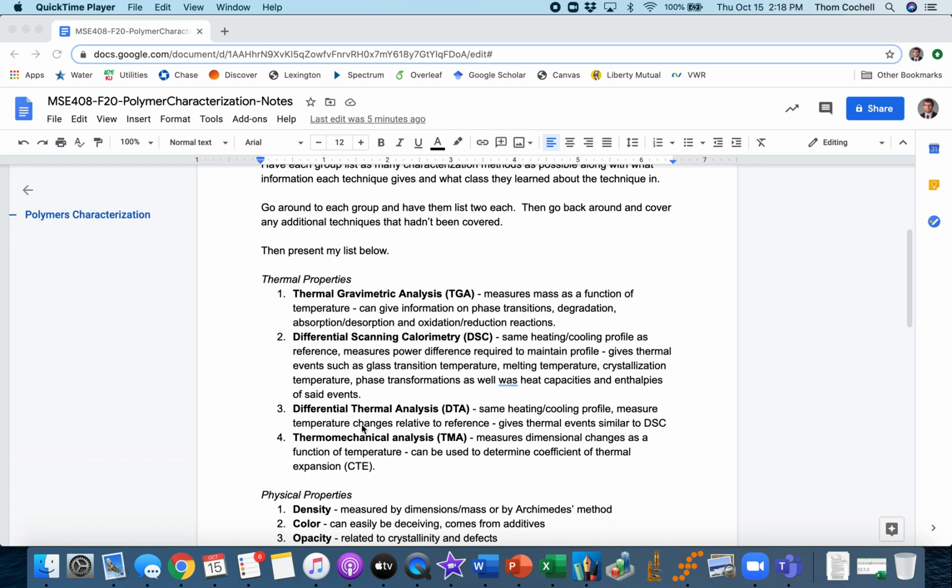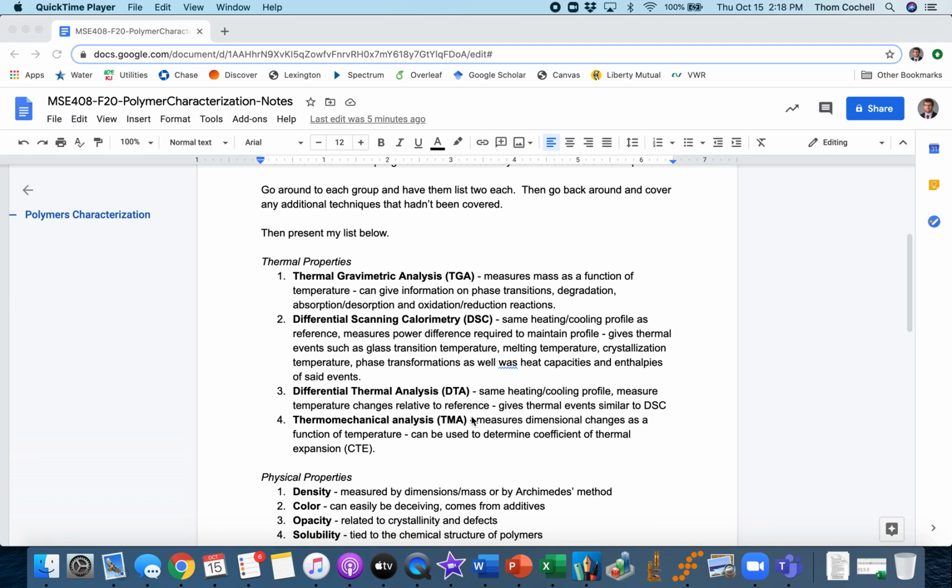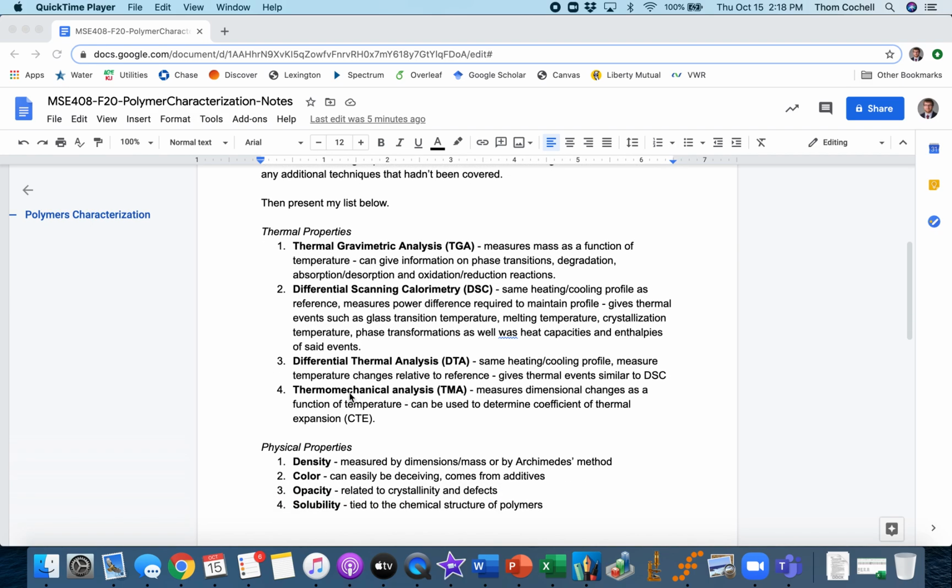There's also differential thermal analysis, which is similar to DSC and gives similar information. There's also TMA, thermal mechanical analysis, which gives you changes in the mechanical properties. It looks at dimensions, so this is important if you're after the coefficient of thermal expansion, CTE, or other forms of what you might have seen the thermal coefficient as.